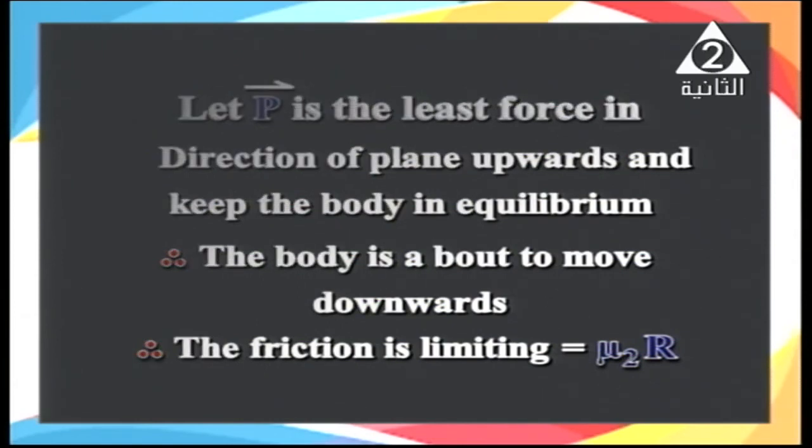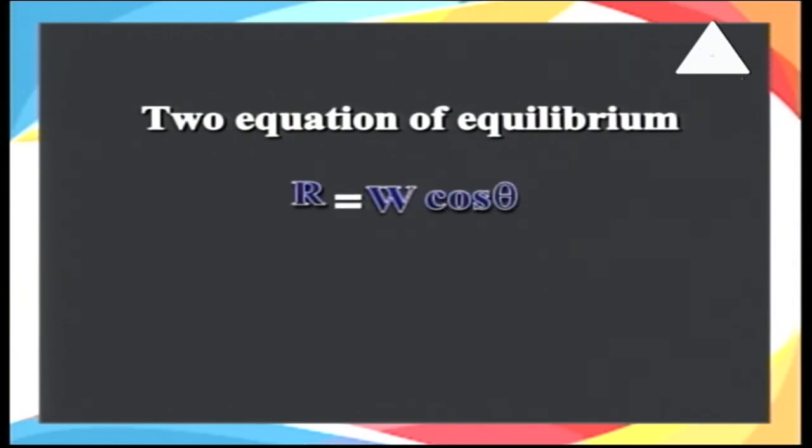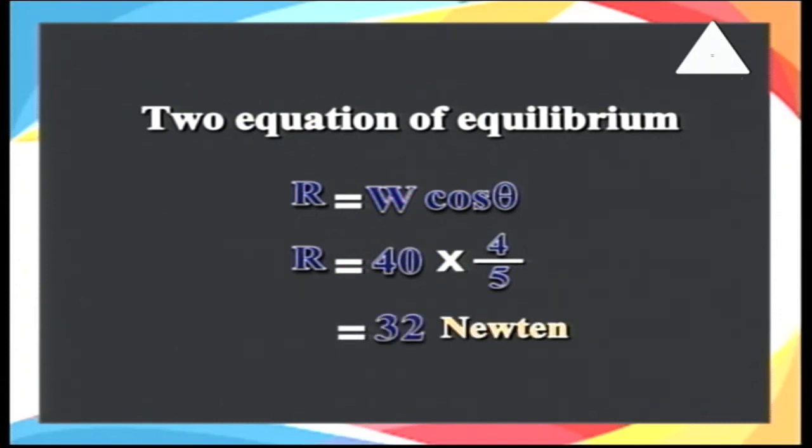Two equations of equilibrium. Number 1: R equals W cosine theta, R equals 40 cosine theta, cosine theta equals 4/5, then R equals 32 Newton.